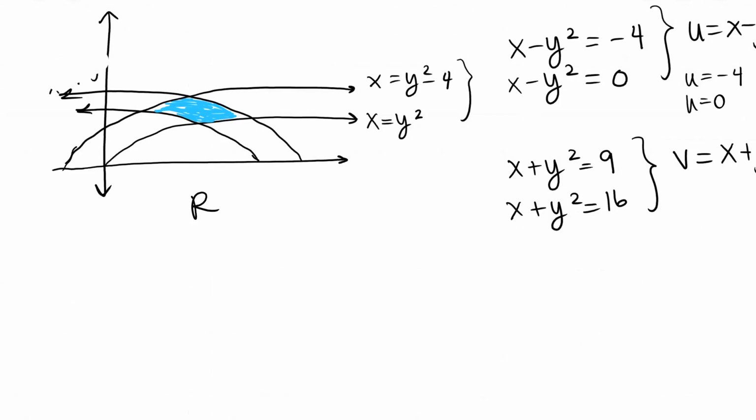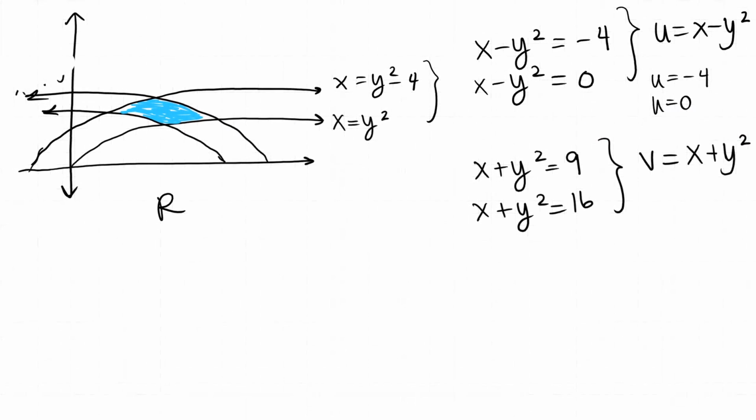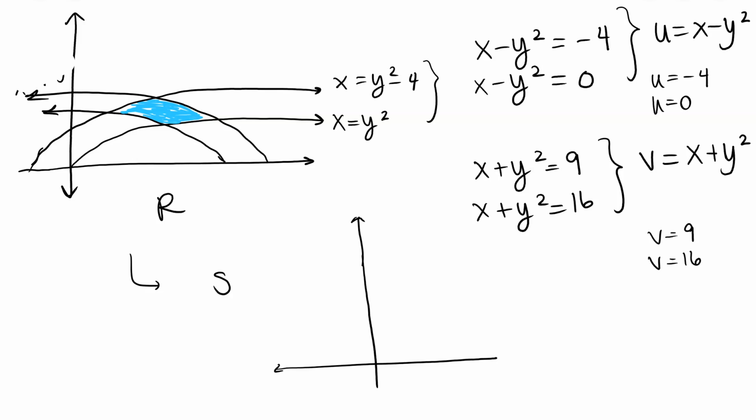If I let u equal x minus y squared and v equal x plus y squared, look at what this says. It says that v is going to be between 9 and 16. So if I look at my s then, u, remember, is my x-axis. So what is my new area going to be? I'm going to go from u is negative 4 to 0.